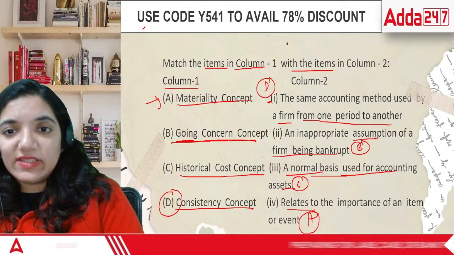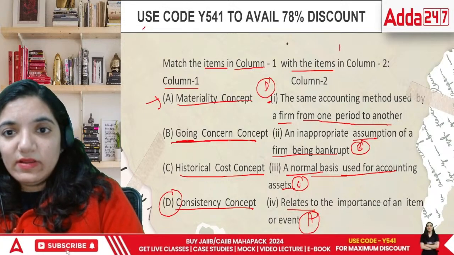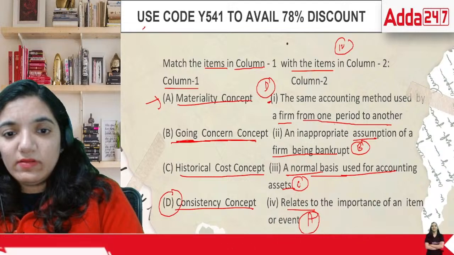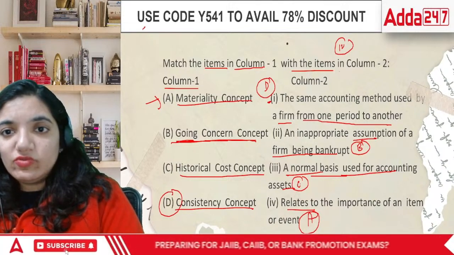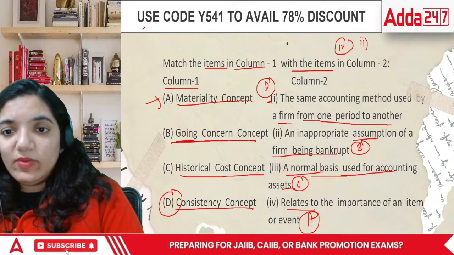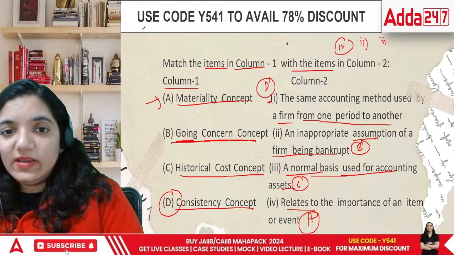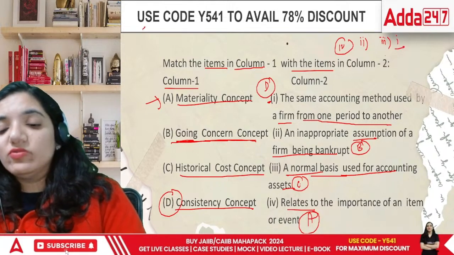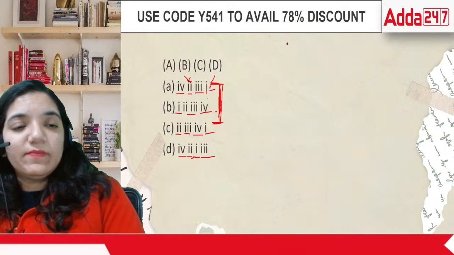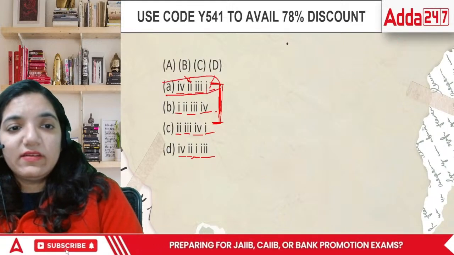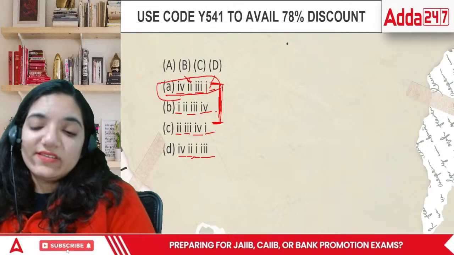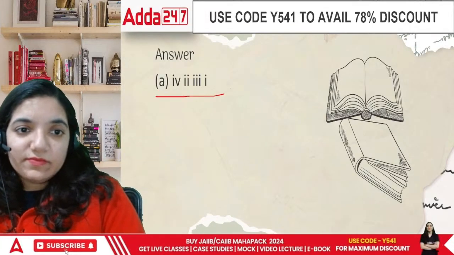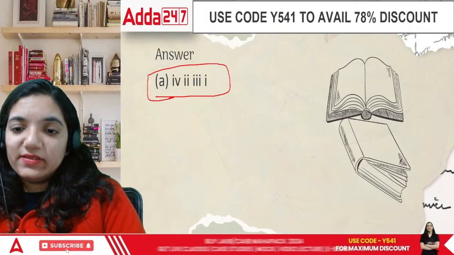That means I can say 4, 2, A, B done. C is 3, 4, 2, 3, 1. Answer is A. Only A matches it. So this is the answer.